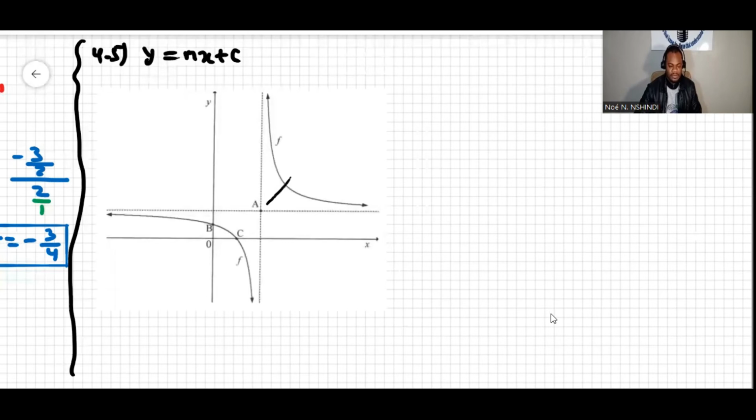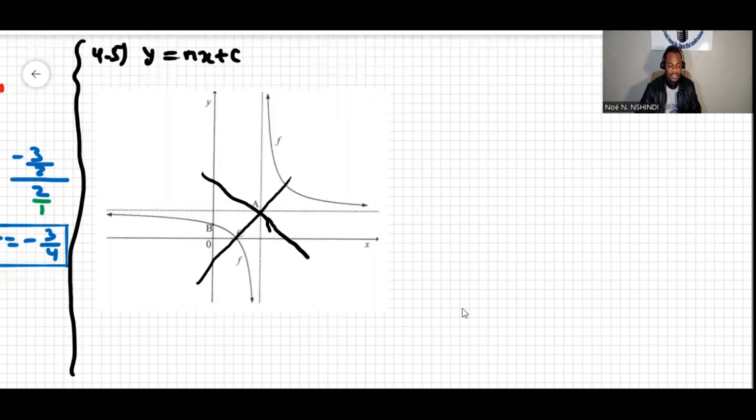One passes through the asymptotes here, and the other one will come there and pass through the asymptotes. Those are just sketch graphs, but they're straight lines. Then there are two lines.